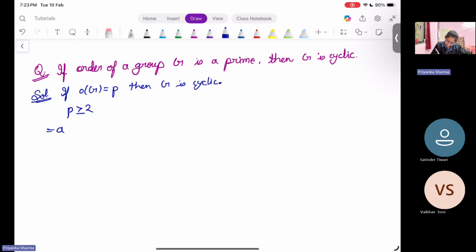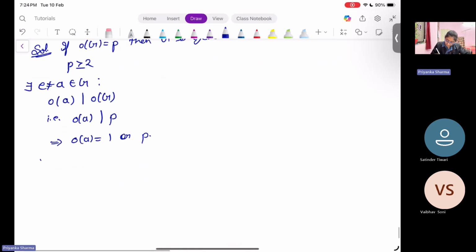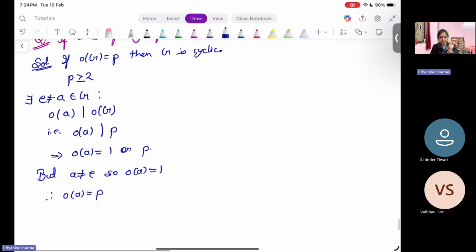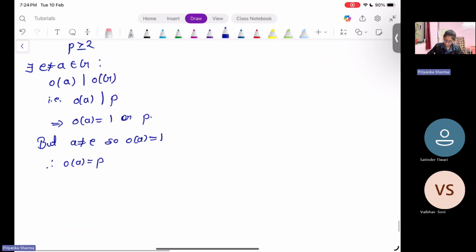So we can have an element A other than the identity in G. The order of A divides the order of G, that is, the order of A divides P. It means the order of A can be either 1 or P because P is a prime, but A is not equal to the identity, so the order of A cannot be 1. Therefore, the order of A is P. So this is how we get an element of order P, and this element will generate the entire group G.